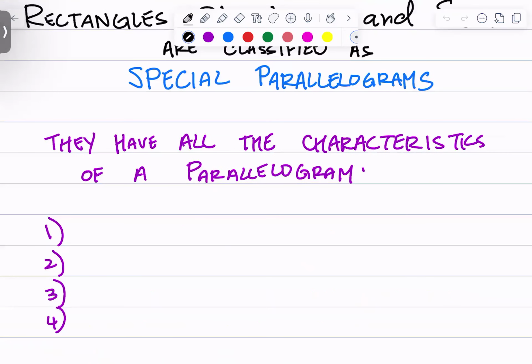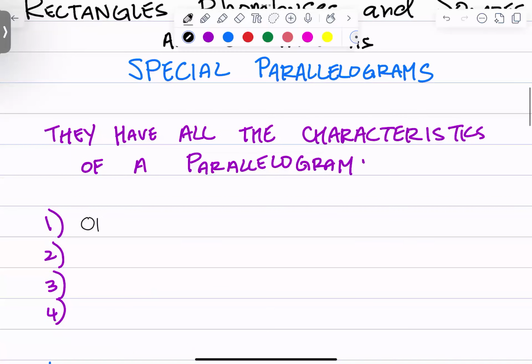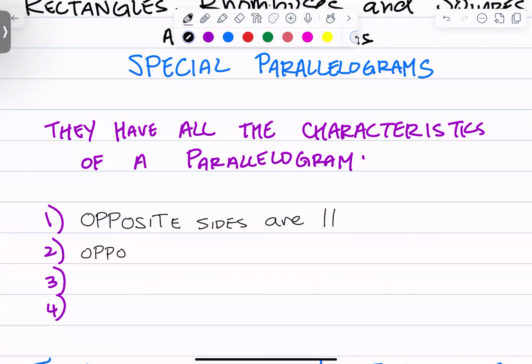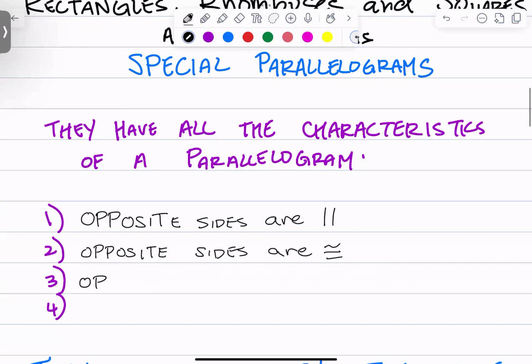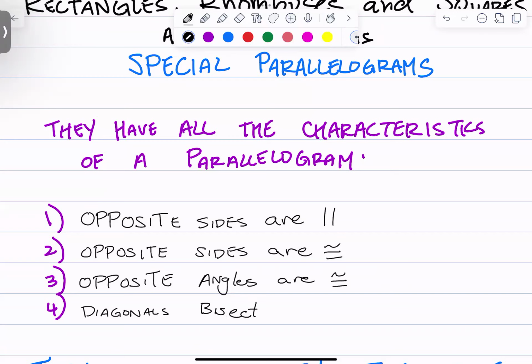The characteristics of a parallelogram, remember, are opposite sides are parallel, opposite sides are congruent, opposite angles are also congruent, and the diagonals bisect each other.